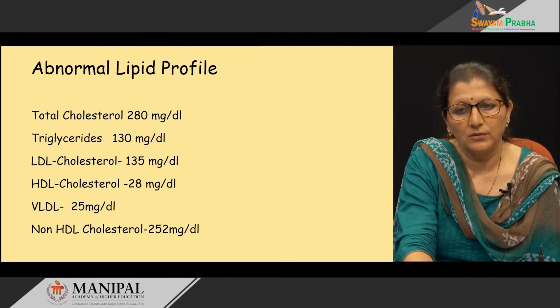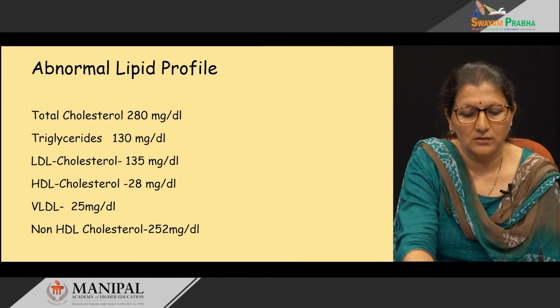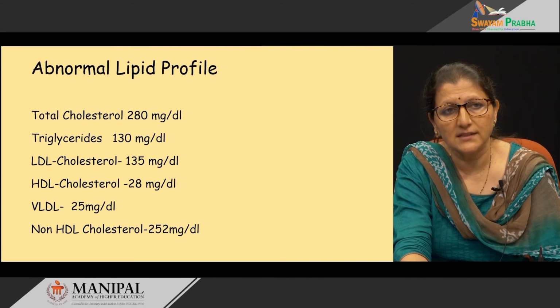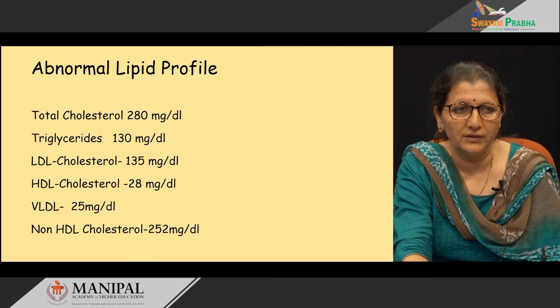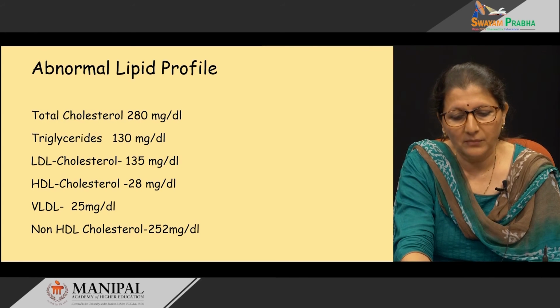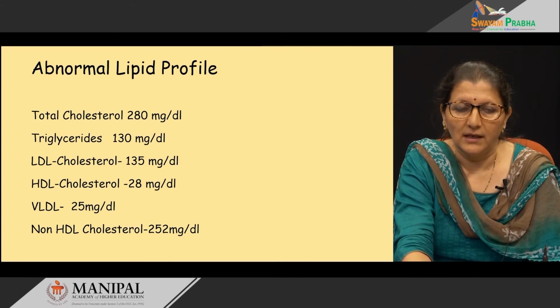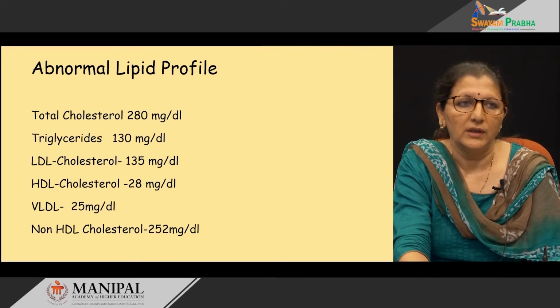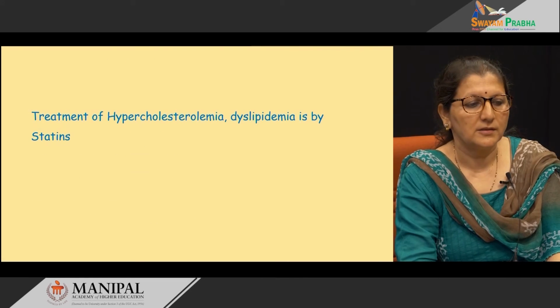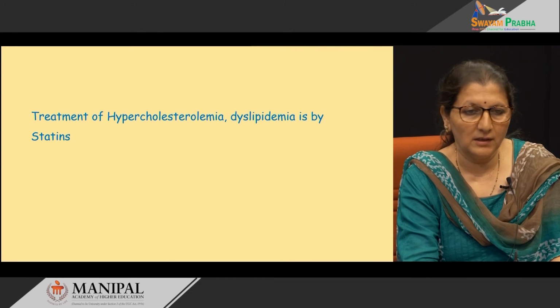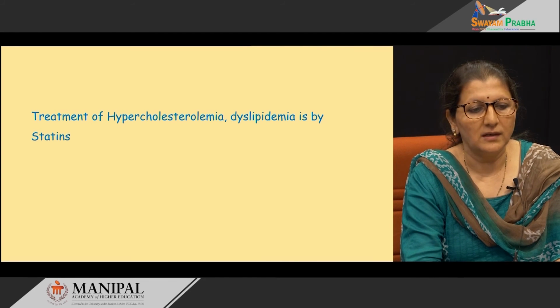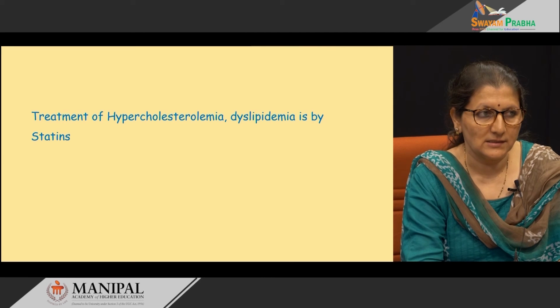So, the treatment is to give statins to bring down the total cholesterol level, and we can add niacin also to bring down the LDL cholesterol level. Treatment of hypercholesterolemia or dyslipidemia in this patient is by statins.